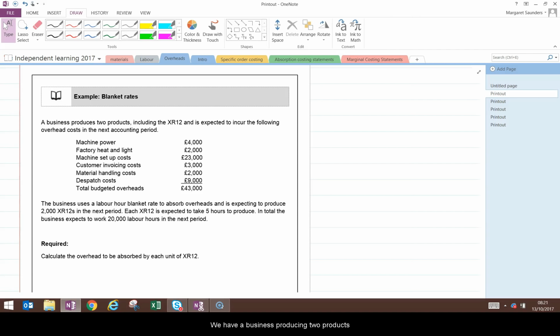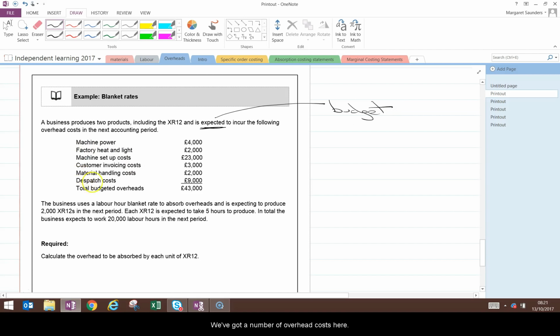So let's look at another example. We have a business producing 2 products, including a product called the XR12, and is expected to incur the following overhead costs. So expected tells us that's the budget.